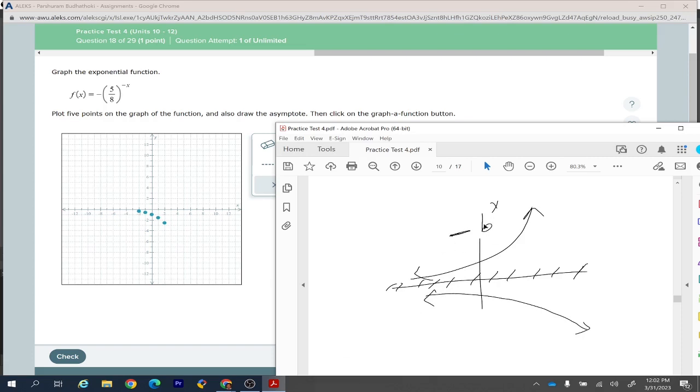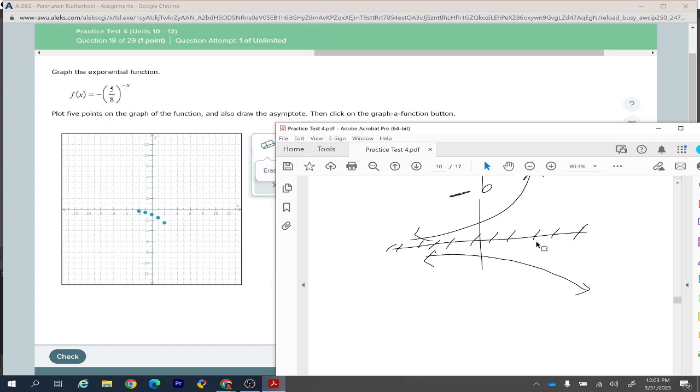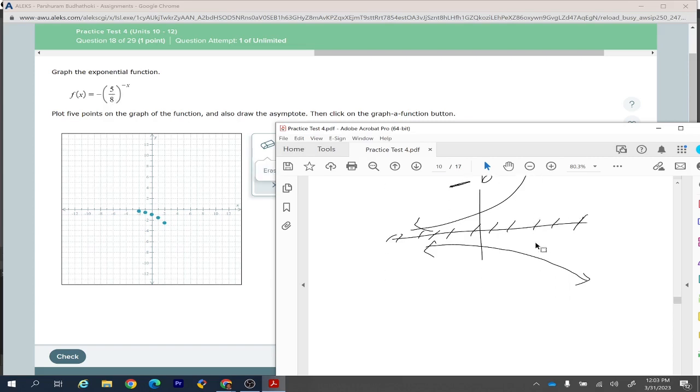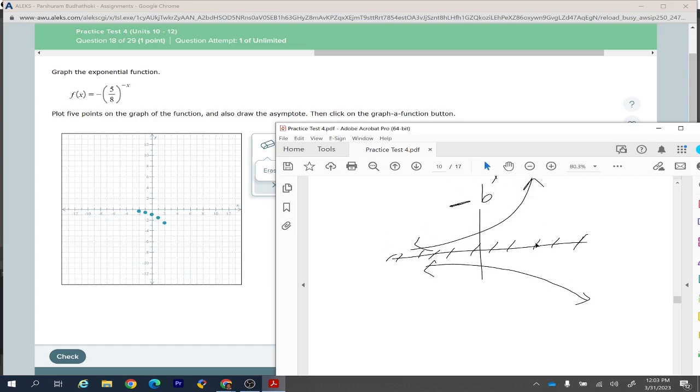The value of b in this case is 5 over 8, which is less than 1, so the graph would look like this, but the asymptote is still the x-axis. And then when you plot the minus of it, it's going to be like this.